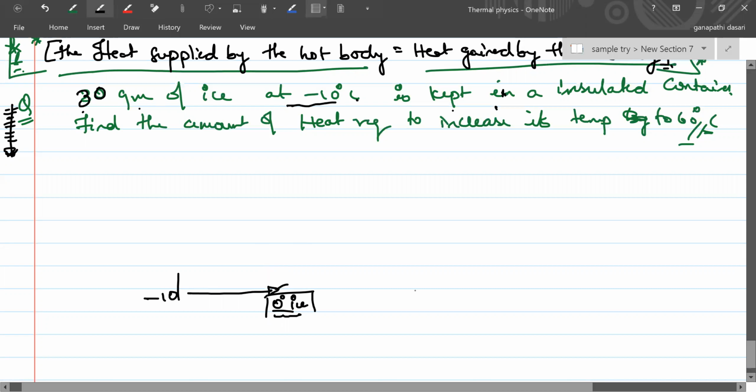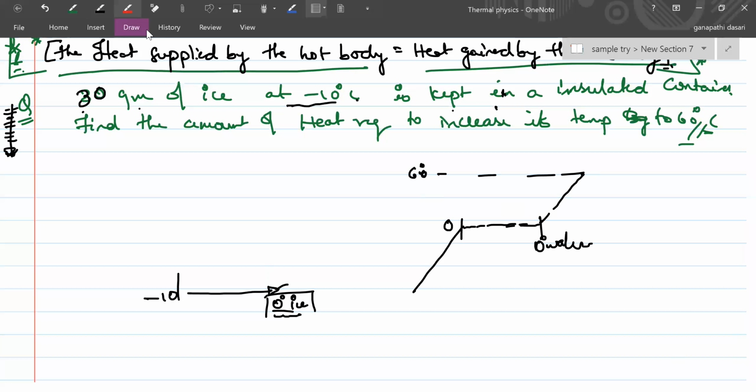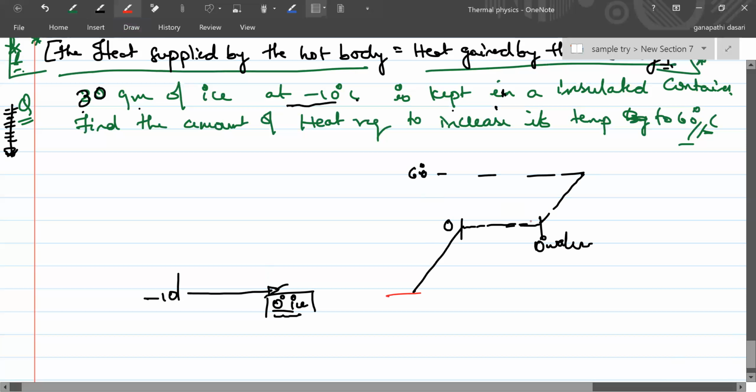So minus 10 to 0 degrees, then 0 degree ice to 0 degree water, then water with temperature rising to 60 degrees. That's the concept here. So energy should be supplied for this stage, and this stage.